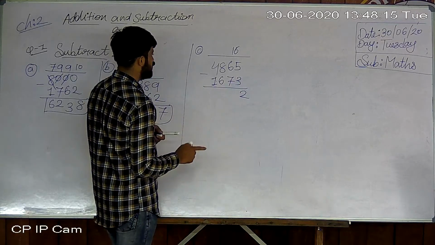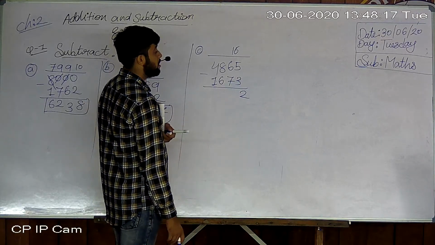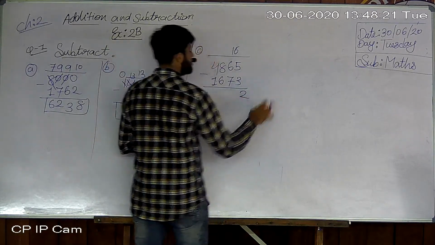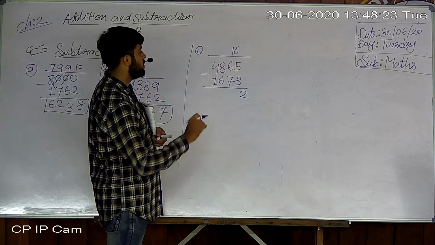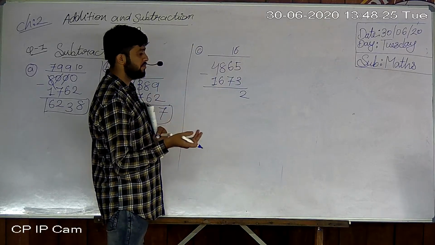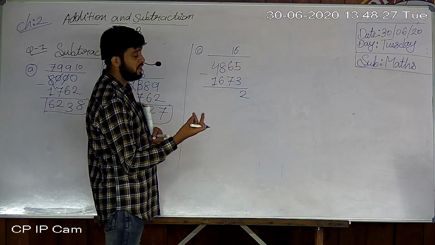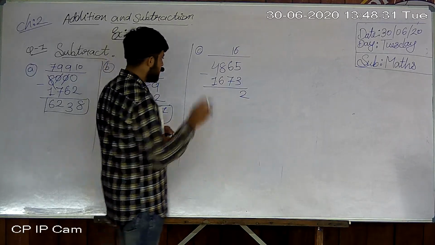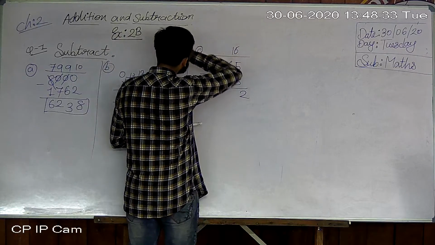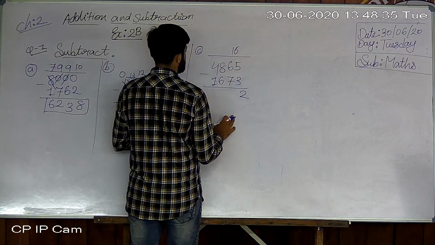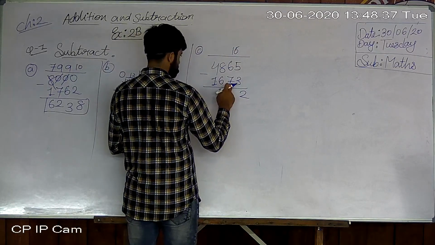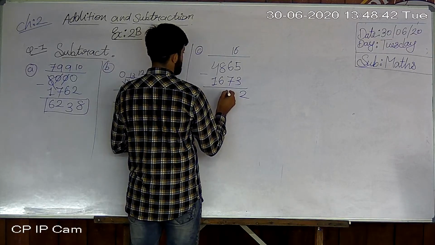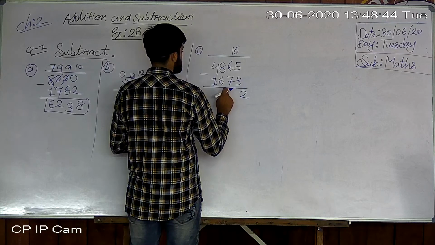And listen all students, we have to do rough work with your calculation base, because you all are counting with your fingers. Okay. So here students, 16 minus 7. So the answer is what here?